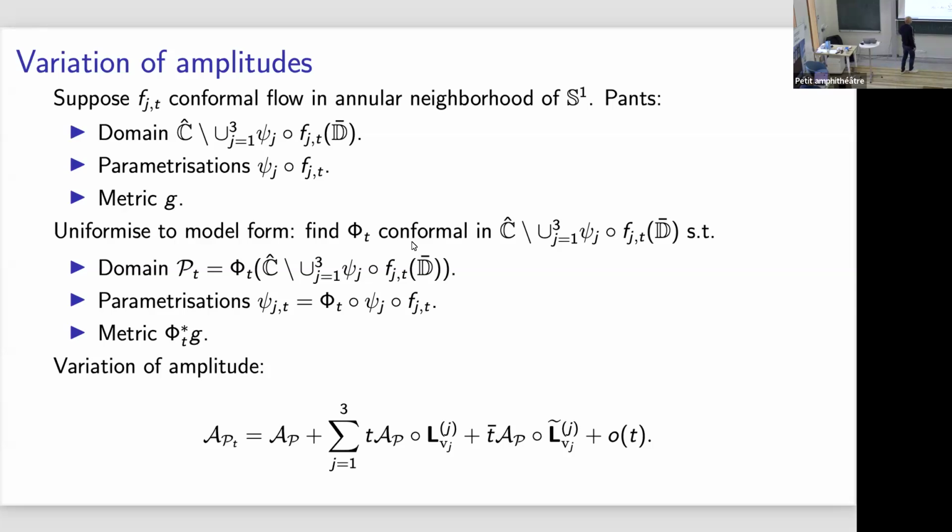Okay, so you can always uniformize with a map psi to put your model under a model form, meaning that you have three holes, the new holes parameterized by holomorphic maps. And for the metric, you just push the metric with this conformal map.